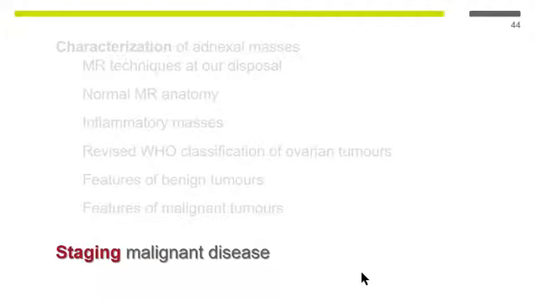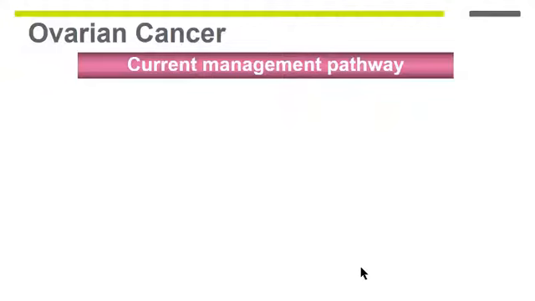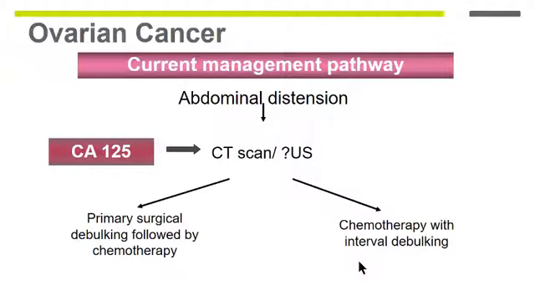So in the final few minutes, I'm going to talk about staging malignant tumors. Now that we've characterized our adnexal mass, we want to know exactly how advanced it is, because the staging influences the management pathway. For ovarian cancer, the patient often presents late, sadly, because there's no screening.